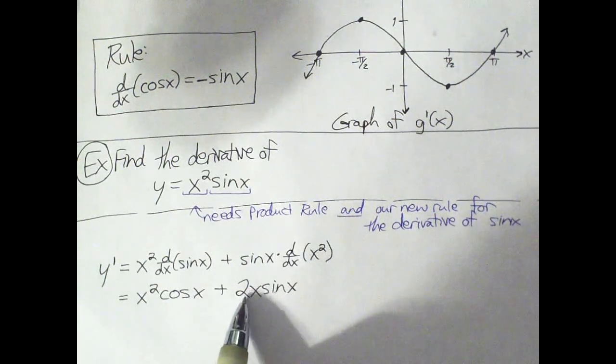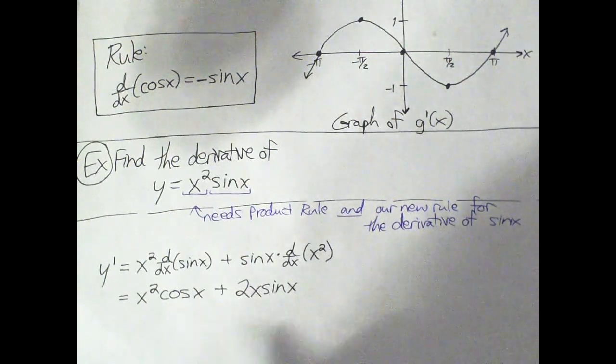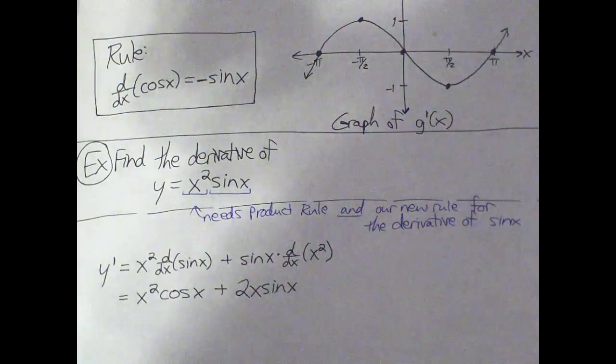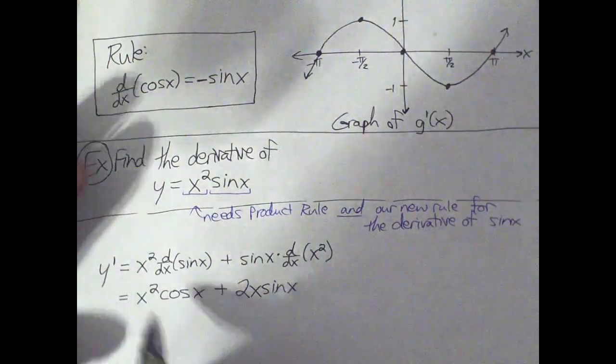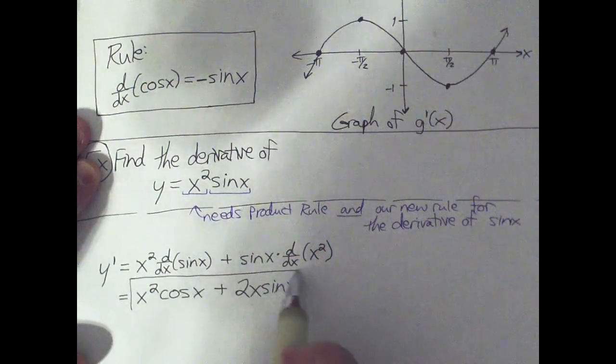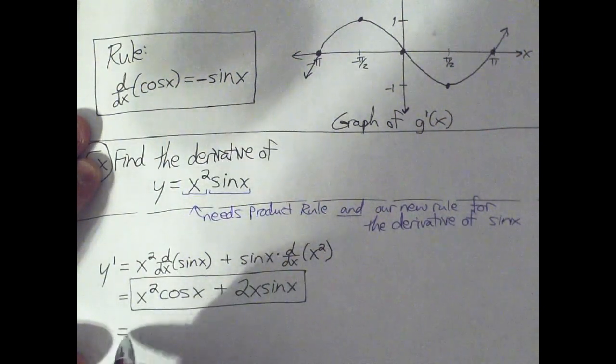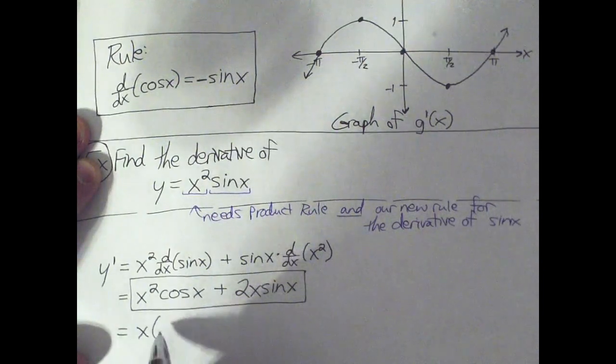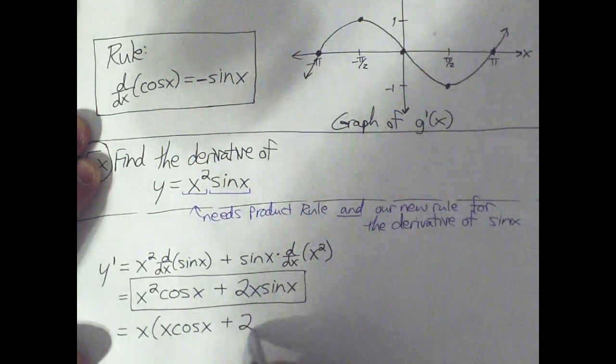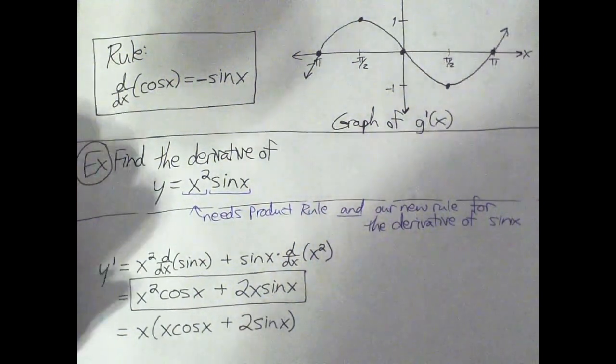So if you move the 2x to the left, then there's no confusion. And we could leave the answer like this, or another way you could write this is, well, both terms involve x, so maybe you want to factor out x. That's up to you. And write the answer like this. Either answer is okay.